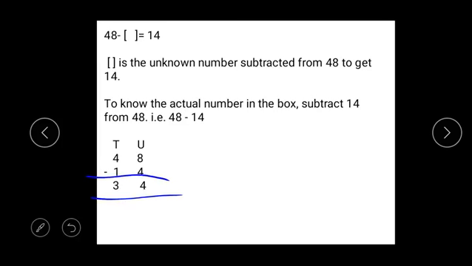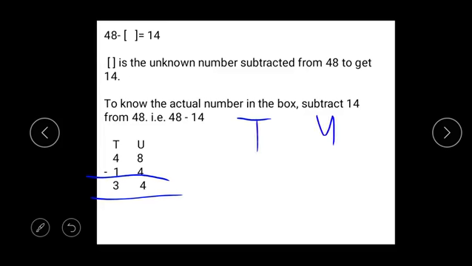For us to know the missing number in the box, you have to subtract 14 from 48. That means you have to put your tens, you have to put your units.